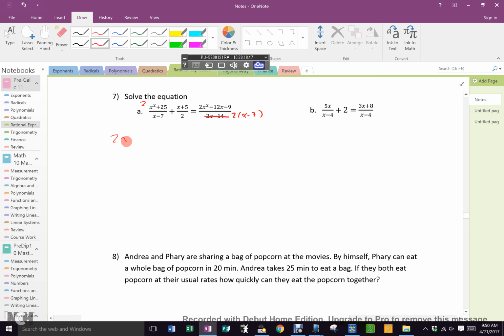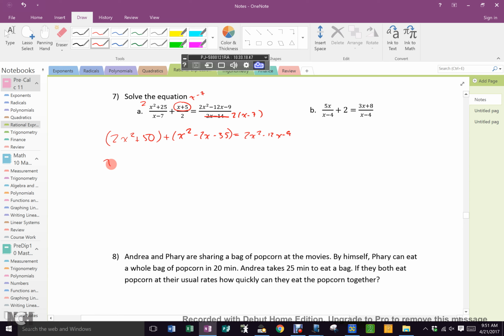So I end up with 2x squared plus 50, plus, what does this guy need? x minus 7, which is x squared minus 2x minus 35 equals, this guy we don't touch, right? Because he's got the common denominator, 2x squared minus 12x minus 9.